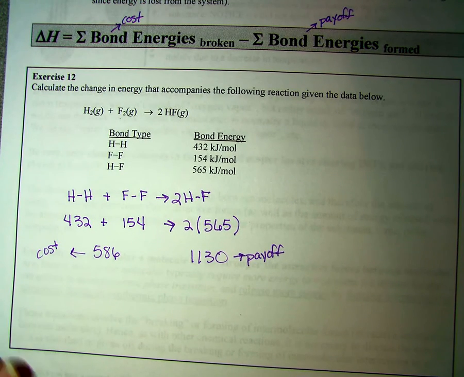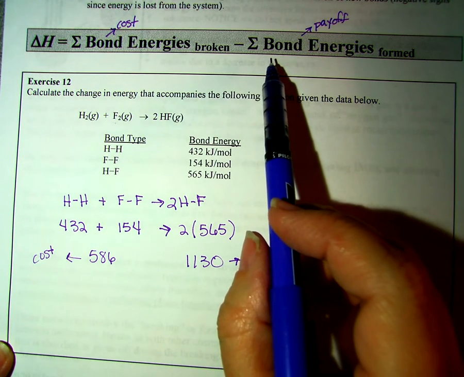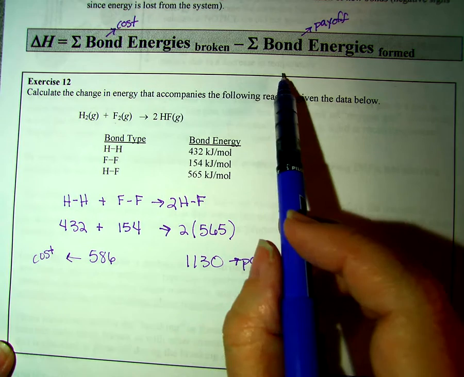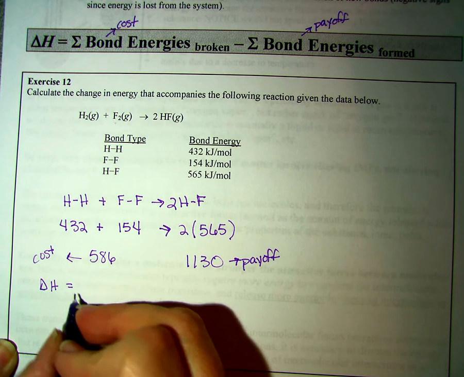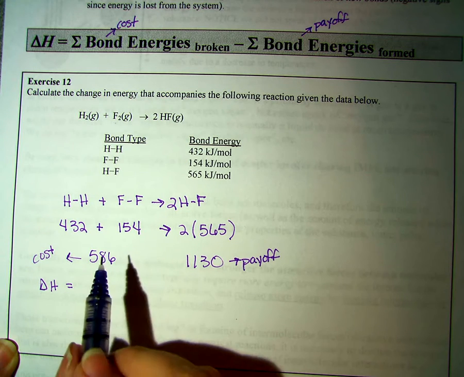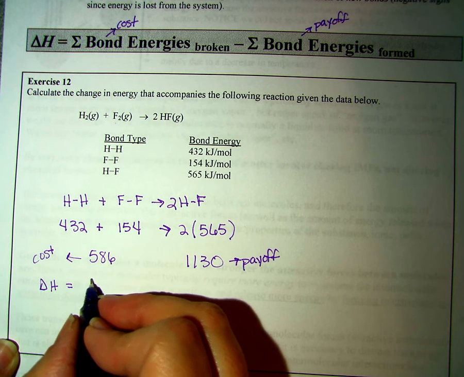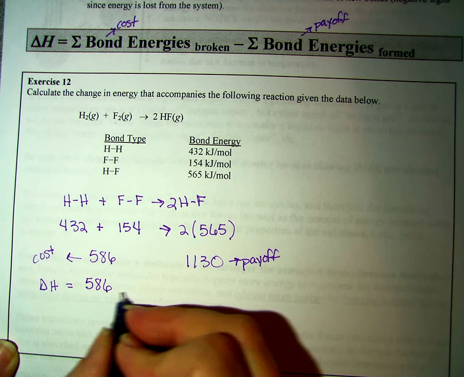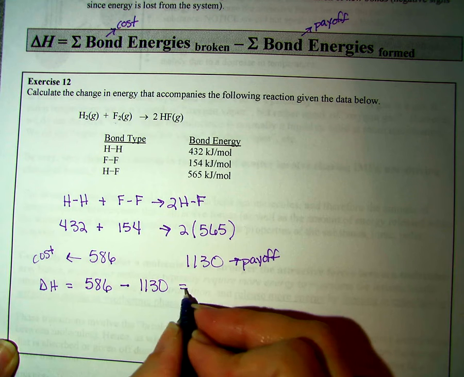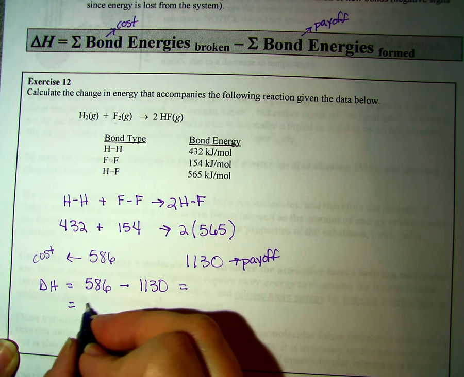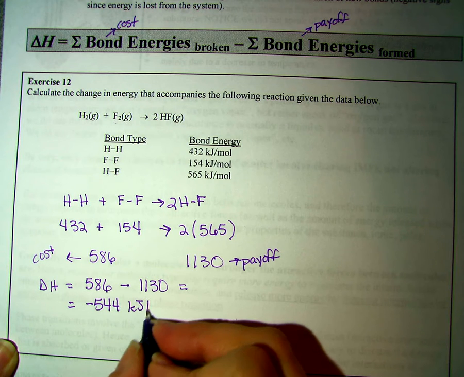So, if you look at our delta H, it is the energy broken minus the energy formed. Okay, so that would be 586, that's the broken, minus the energy formed, which is 1130, which equals negative 544 kilojoules per mole.